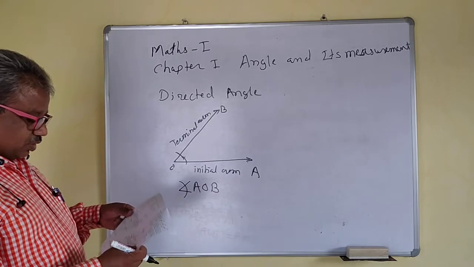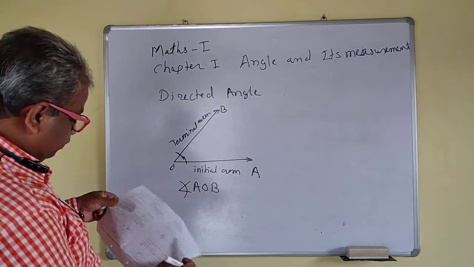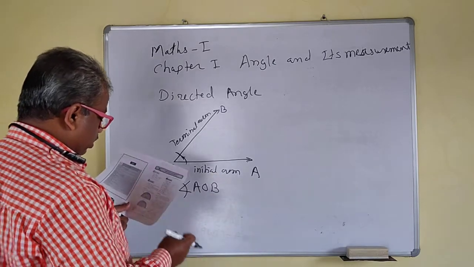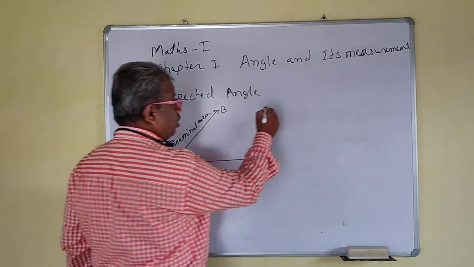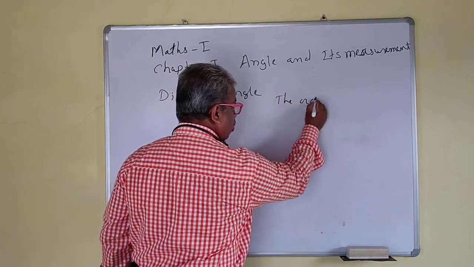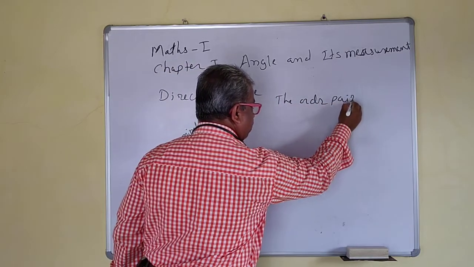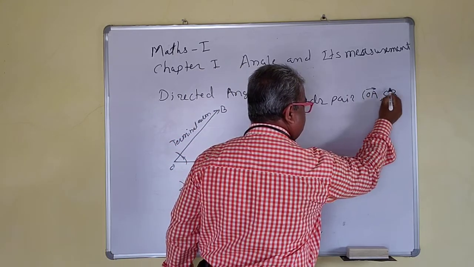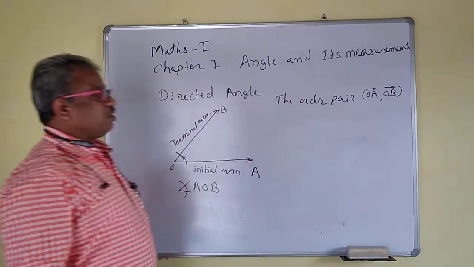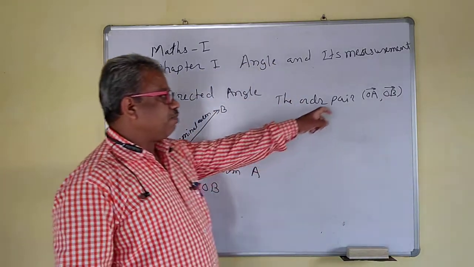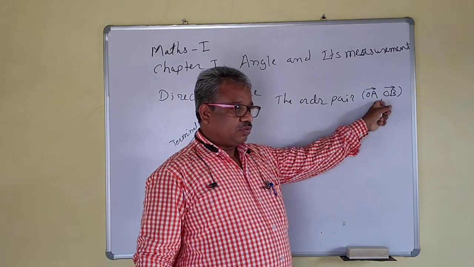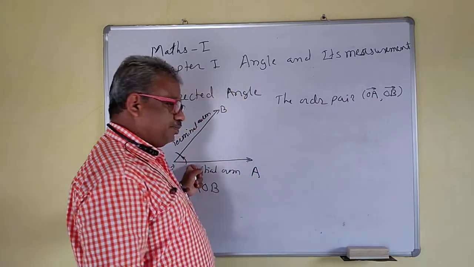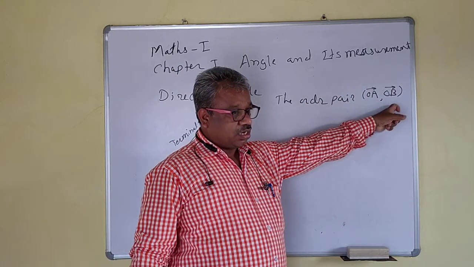Now let us write the definition of the directed angle. In the ordered pair OA, OB, these are the rays. Why is it an ordered pair? Because this order is very important here. First is the initial arm, and second is the terminal arm.